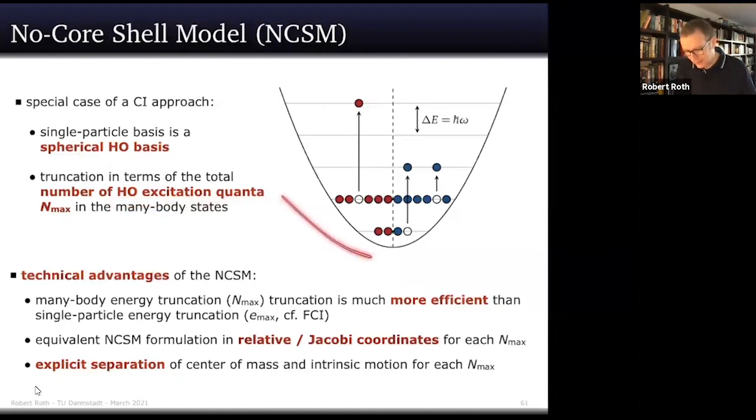This is illustrated here in this plot. So you see the harmonic oscillator, you see some nucleons put on here, and these are 8 protons, 8 neutrons. So this is a representation of oxygen 16. And you see the single particle energy levels of the harmonic oscillator, this characteristic equidistant spectrum.